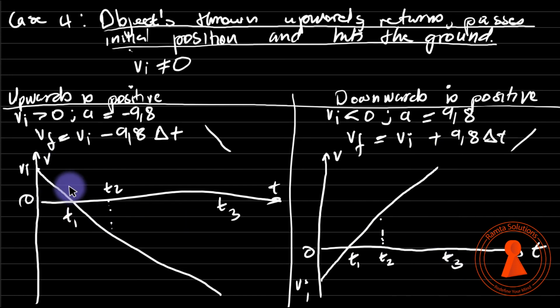As you can see now, the part where the object is moving downwards is longer than the part where the object is moving upwards. Can you guys see that? This is the difference with the previous one.